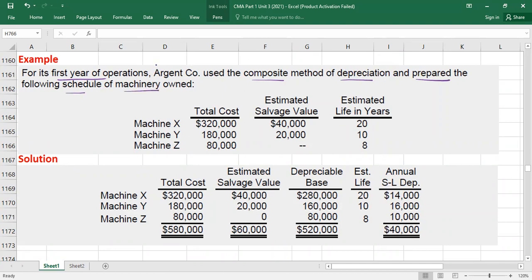Here we are going to make a group of machines. So we have machine X, machine Y, machine Z. And these are the total costs of those machines, actual cost. Machine X cost is how much? 320, Y 180, Z 80,000. And these are the residual values. You can see for one machine residual value is 0, not given. Right or wrong? If not given, put 0 there.